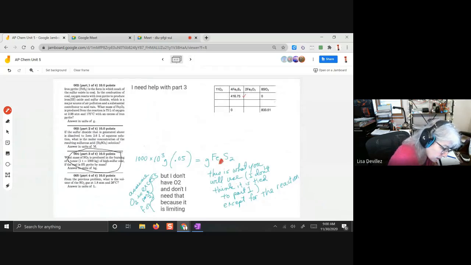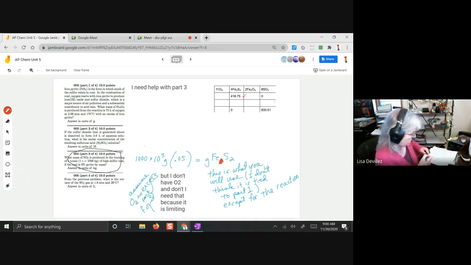Oh, here it is. Okay, so the balanced equation, let me write that down so I can move it. What do we have? 11 O2 plus 4 Fe2S2 yields 2 Fe2O3 and 8 SO2. Because I know I would not remember that.